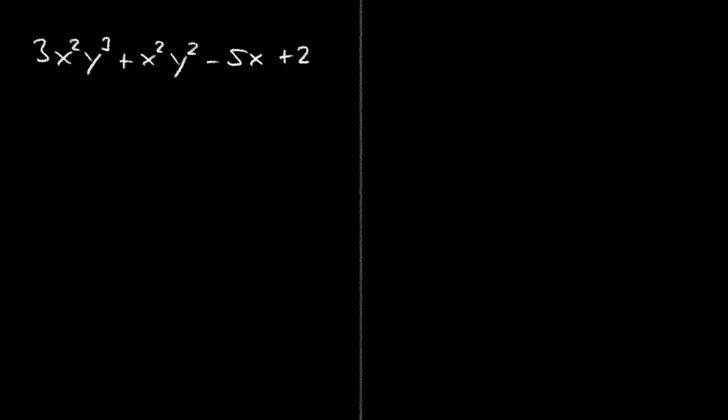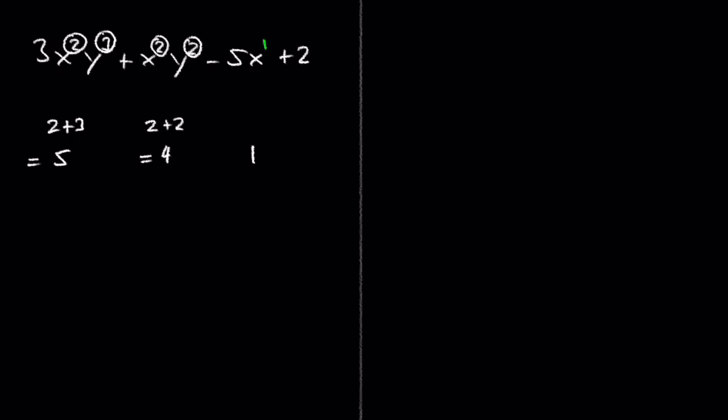The sum of the exponents in the first term is 2 plus 3, which is 5. The sum of the exponents in the second term is 2 plus 2, which is 4. The exponent of the third term is 1.